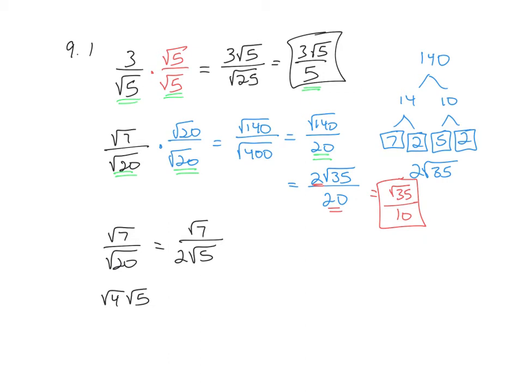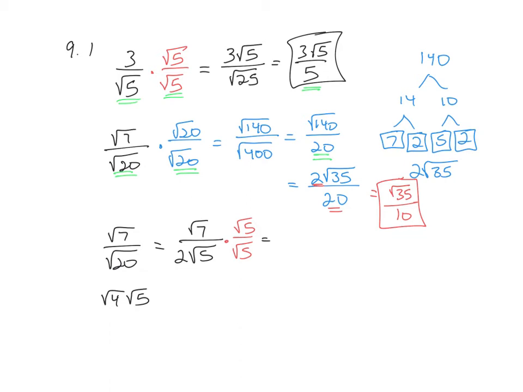And so it might look a little bit harder or different, but watch what happens. The 2 is fine in the denominator, just can't have the square root of 5. And so how do I get rid of that? I do the square root of 5 times the square root of 5.